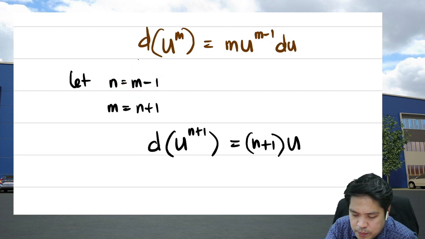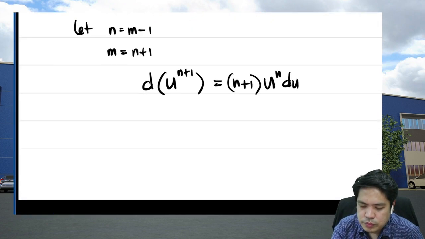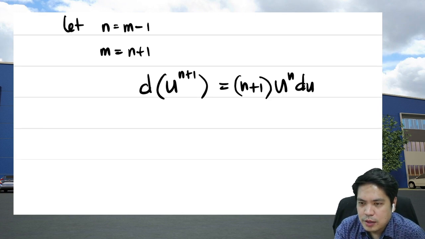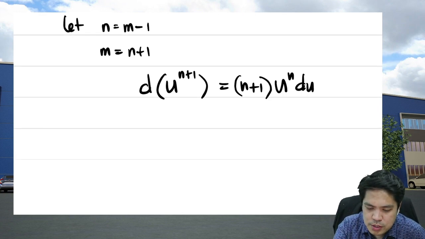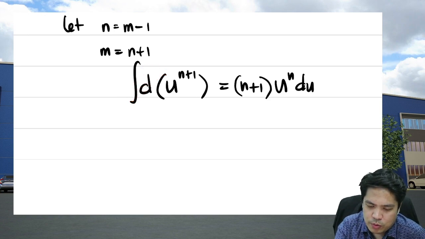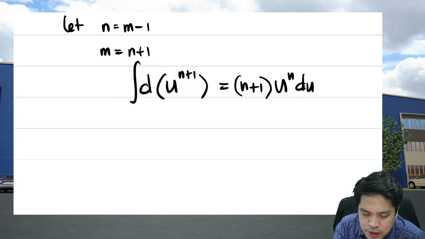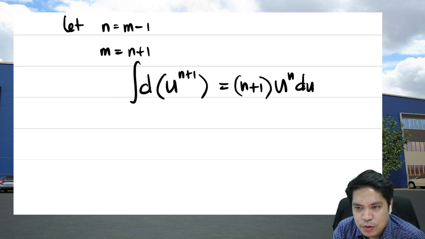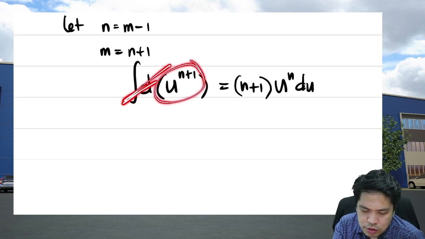Now, if we apply the antiderivative, or integrate both sides, we reverse the process of differentiation, so it just cancels out. If we get the derivative of this, then apply the antiderivative, it cancels and this is what remains.